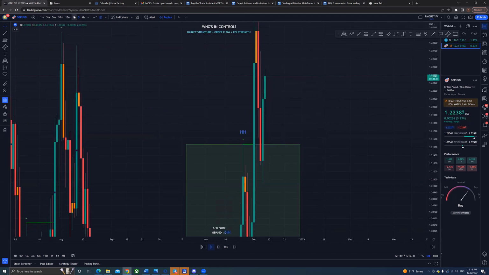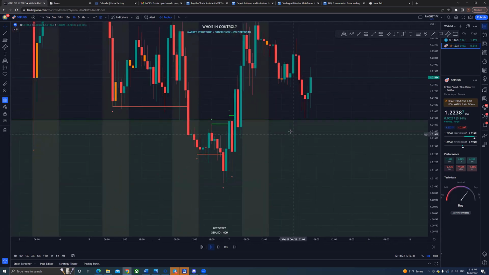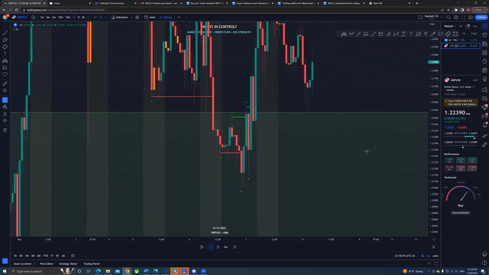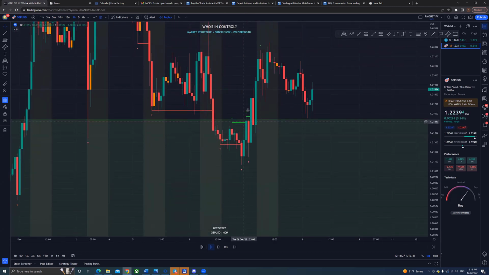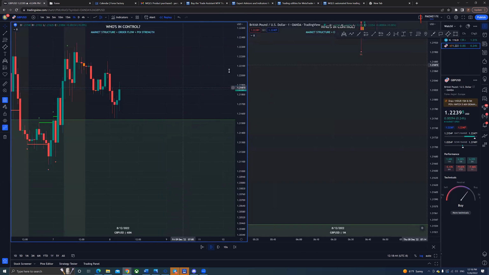Also, put the two charts side by side, bro. That'll make it easier for you. Well, I wanted to do this because I can mark this as a 1 hour zone too, right? Right here. Yeah, you could. So put the daily and the 1 hour side by side. That'll make your life a little easier than having to switch between two charts.